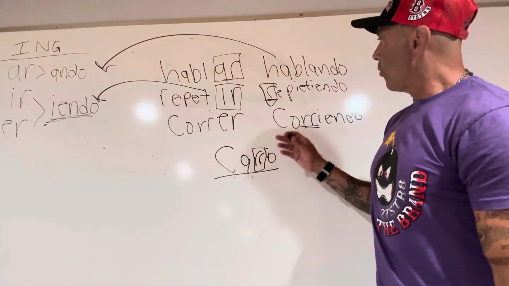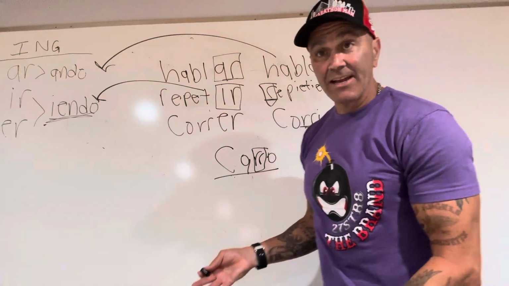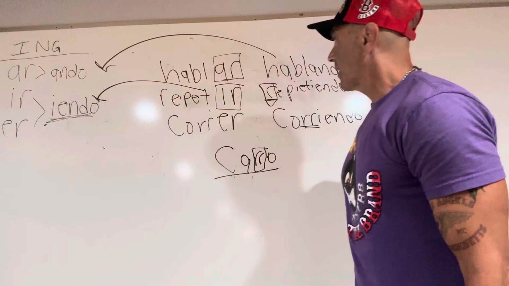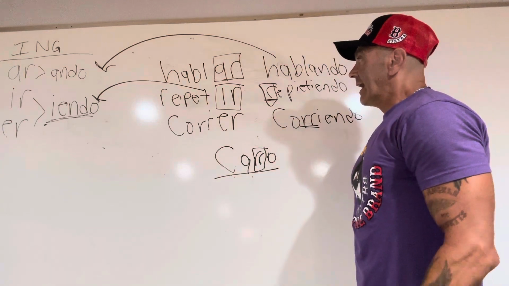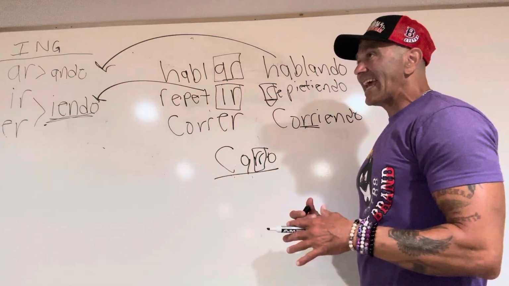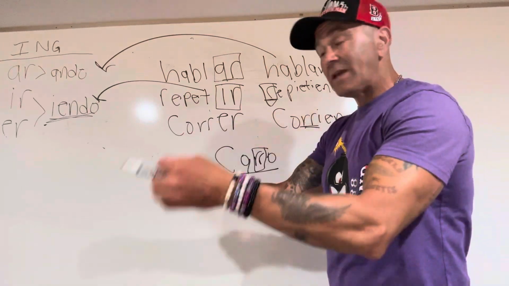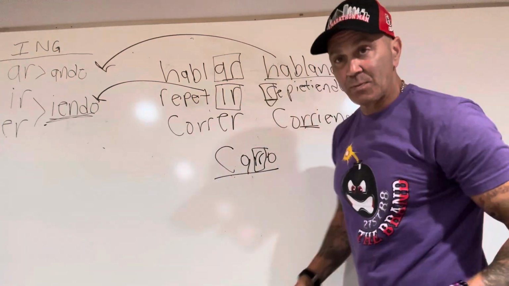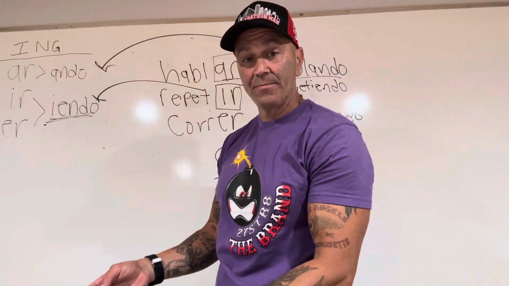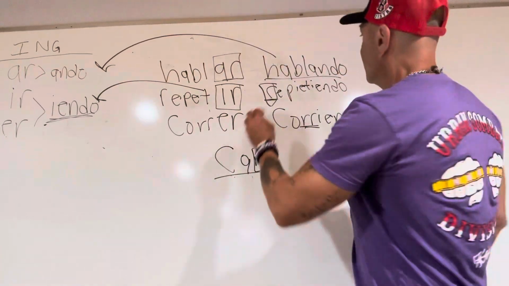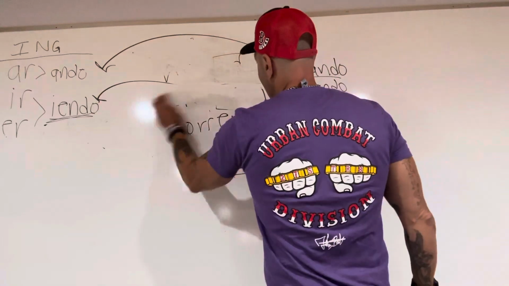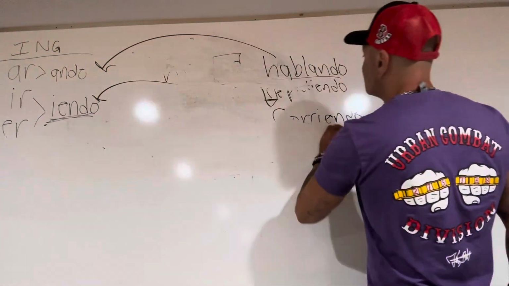So we're turning all these words into ing form, right? How would you say I am speaking? Because we got hablando down, that's just speaking. But how do you say I am? Okay. Another unfortunate thing about Spanish is there's two verbs to be.